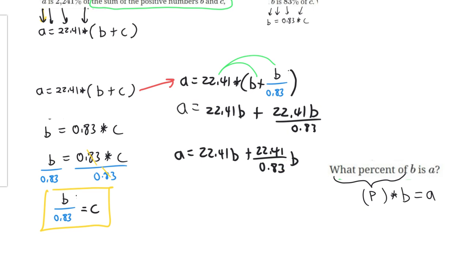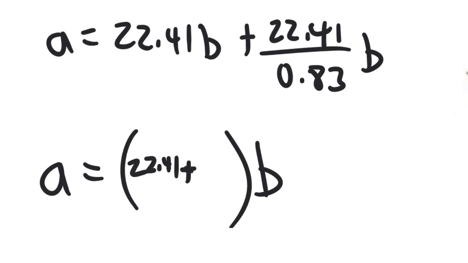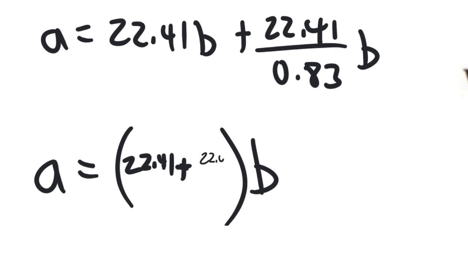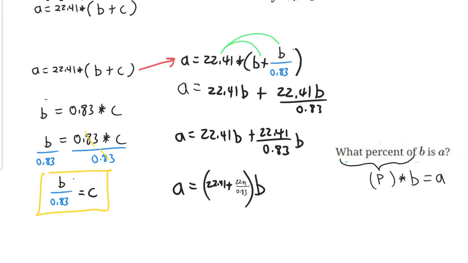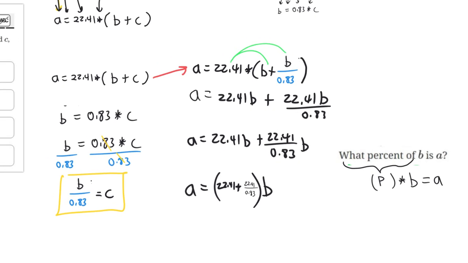So what do you do when you have like terms? Well, you keep the variable and you add the coefficients. So it's going to be 22.41 plus 22.41 over 0.83. So we are most definitely getting closer to the answer.